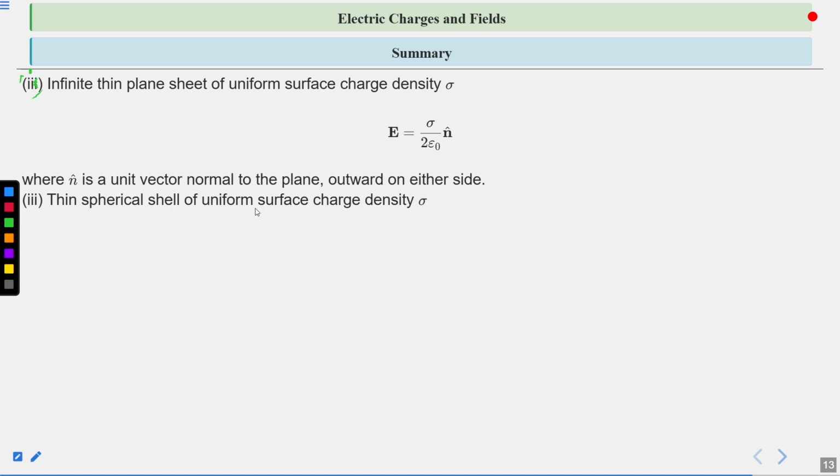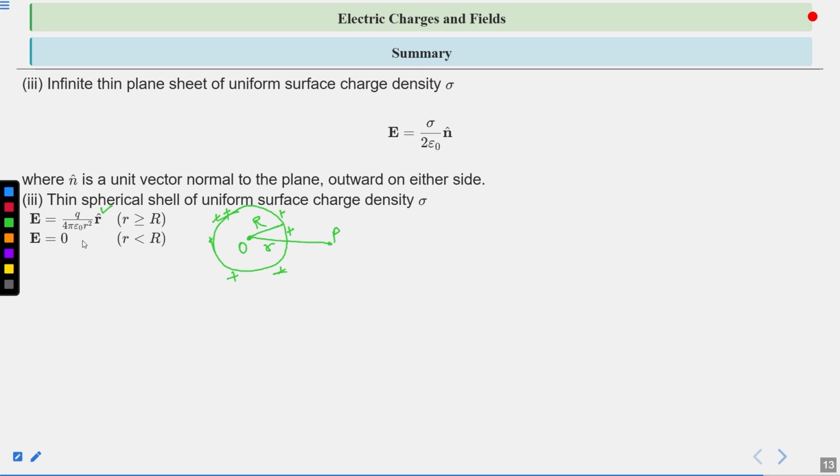a thin spherical shell of uniform surface charge density sigma. Suppose we have a spherical thin surface, this one, and the charge is distributed over the surface of this spherical shell, and the radius is R. If we talk about the electric field at point P, and the distance of point P from the center is r, in that case the electric field E is equal to Q divided by 4 pi epsilon naught r square r cap.